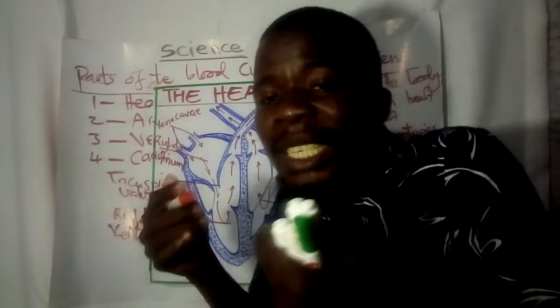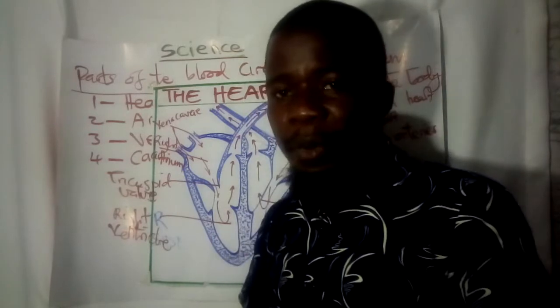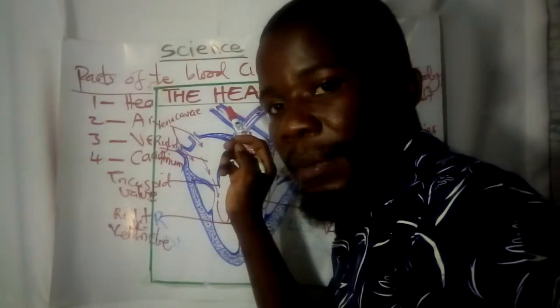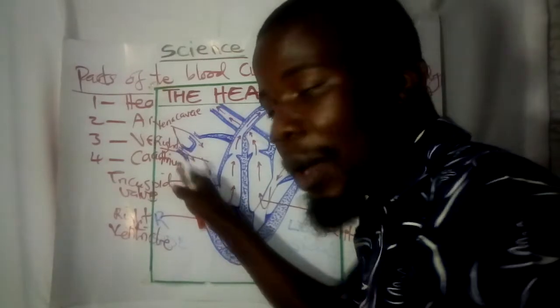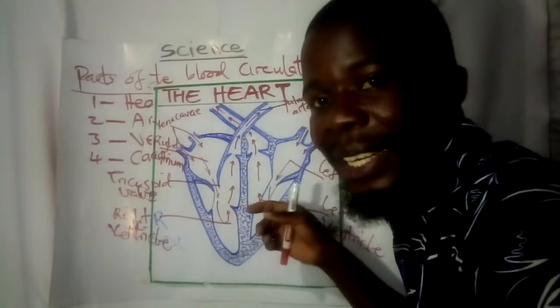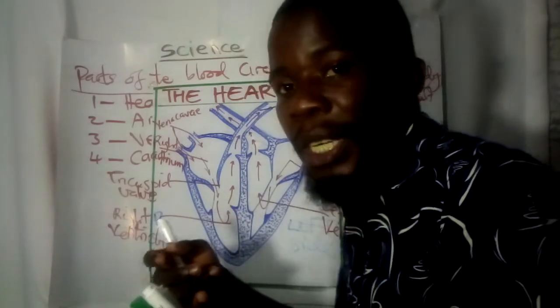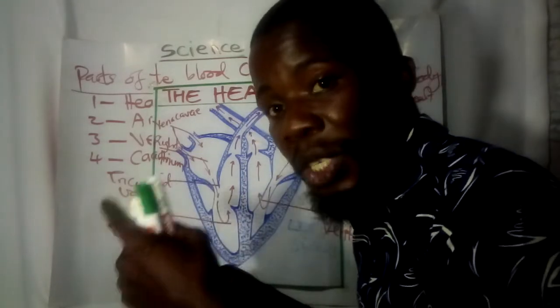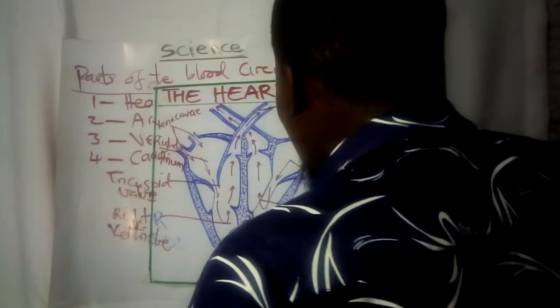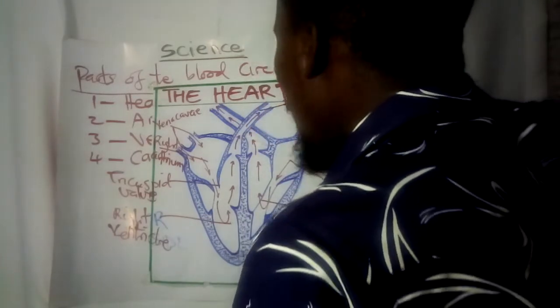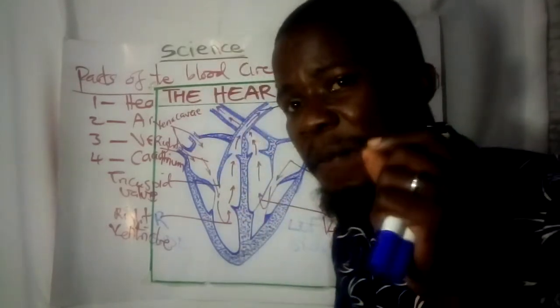So that blood comes from the lungs. It is containing oxygen now. So the blood comes back to the heart. It will not come this side now, but it will come to the left side. And that blood that contains oxygen will have to enter the heart through the pulmonary vein.